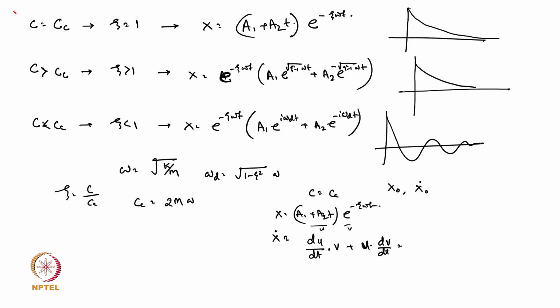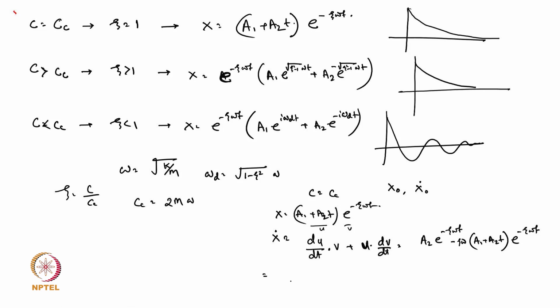So the first portion will be a2 into e to the power of minus xi omega t, and for the second part, that will be a1 plus a2t into e to the power of minus xi omega t multiplied with minus xi omega.